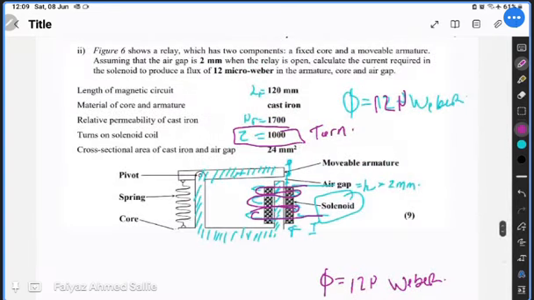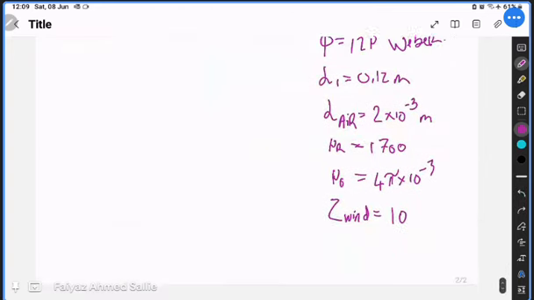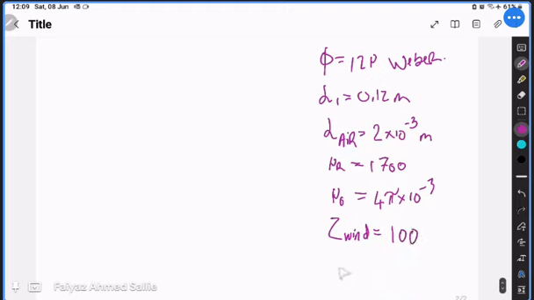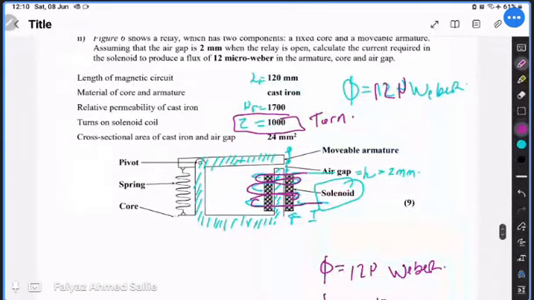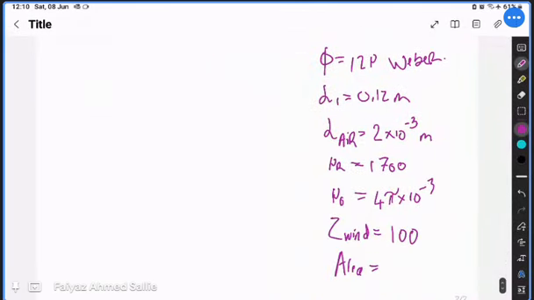Then the cross section area is given. The area is equal to 240 millimeters, 4 millimeters squared.